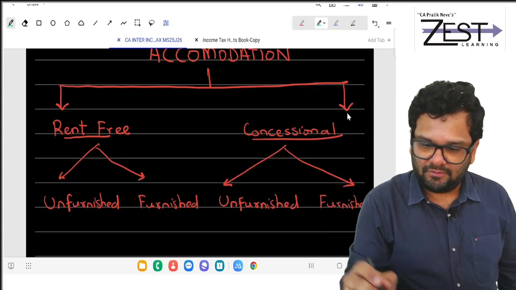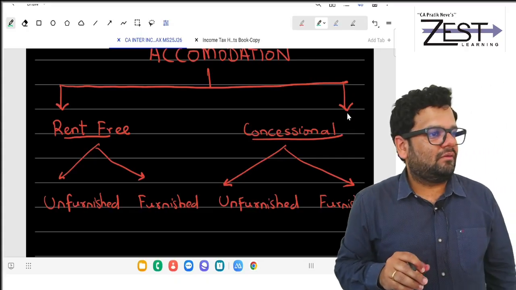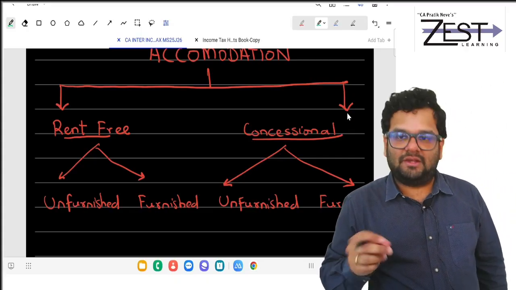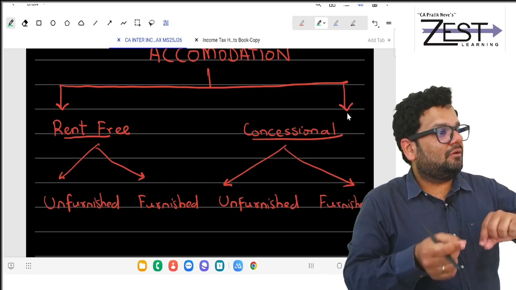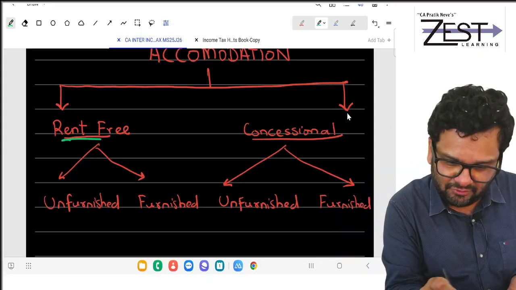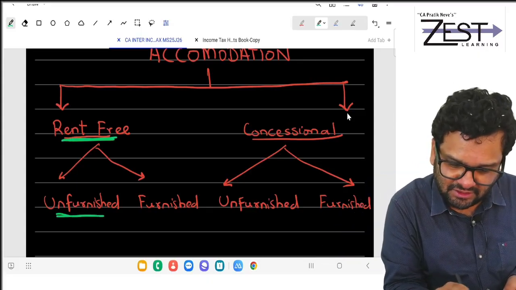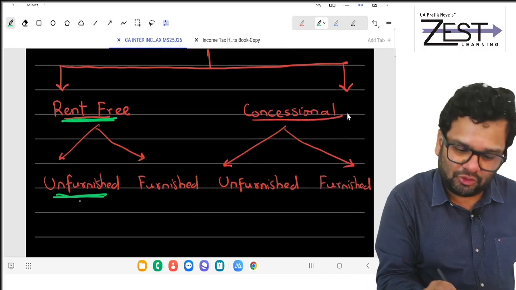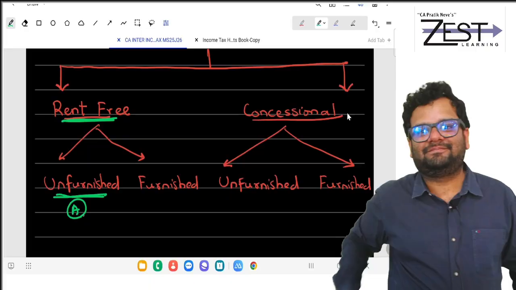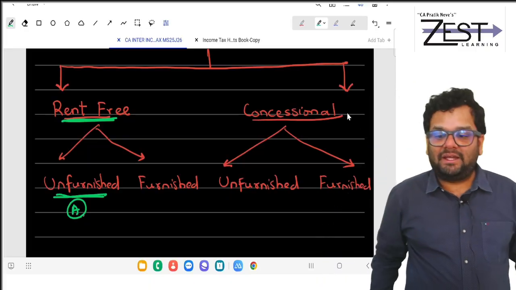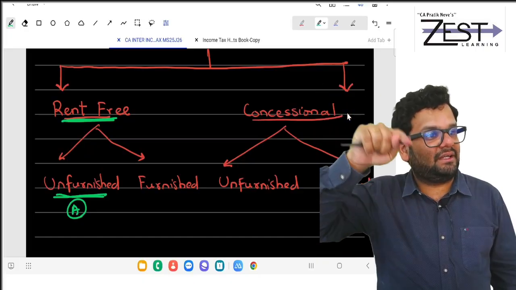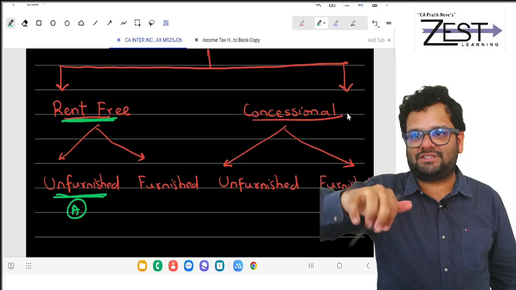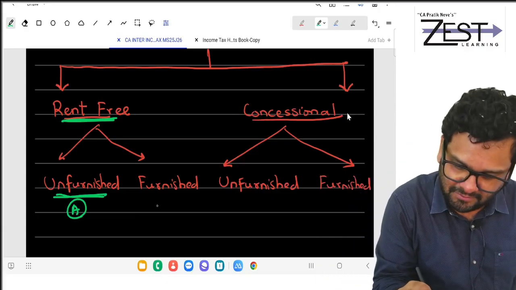Four. See, count. Valuation might have to be done of rent free unfurnished accommodation. This I am going to call as A. Or you might have to do valuation of rent free furnished. This I am going to call as B.